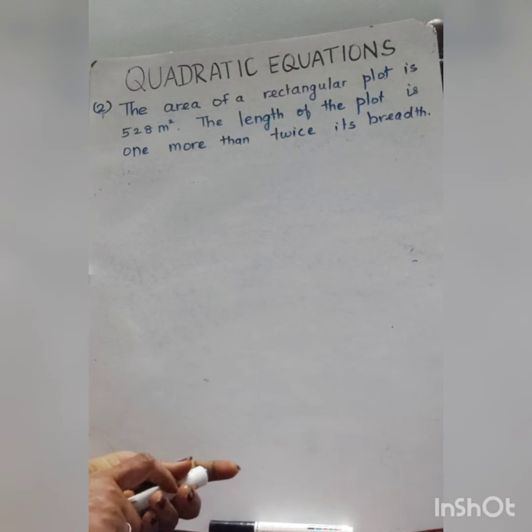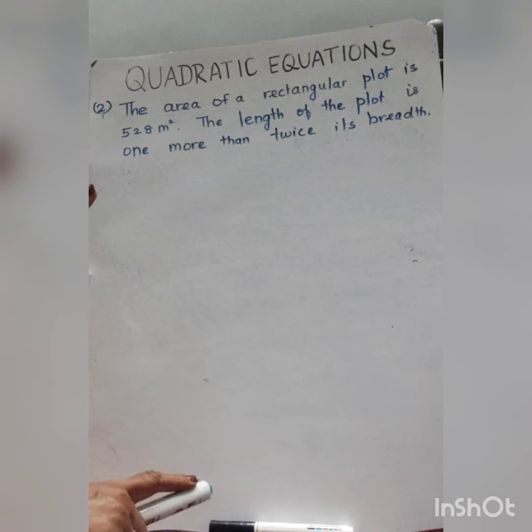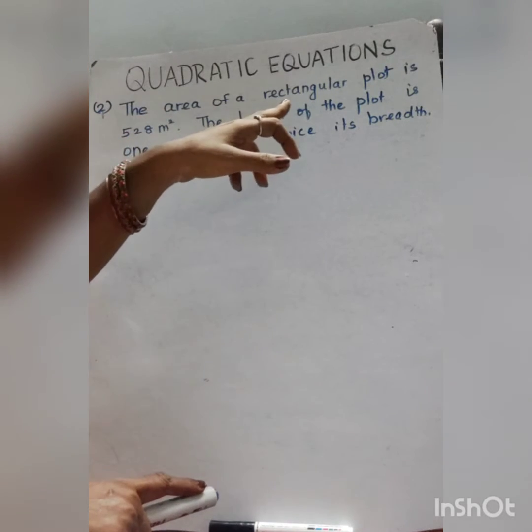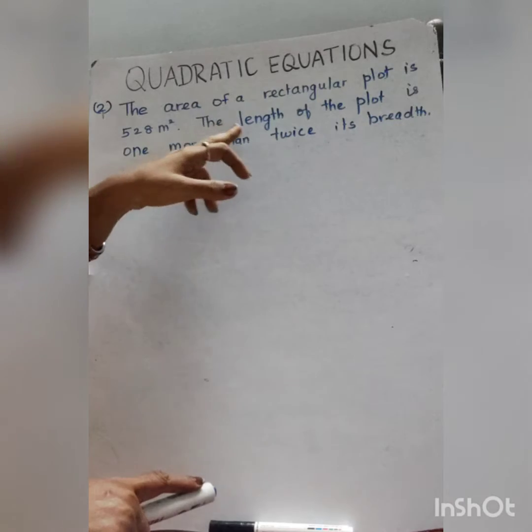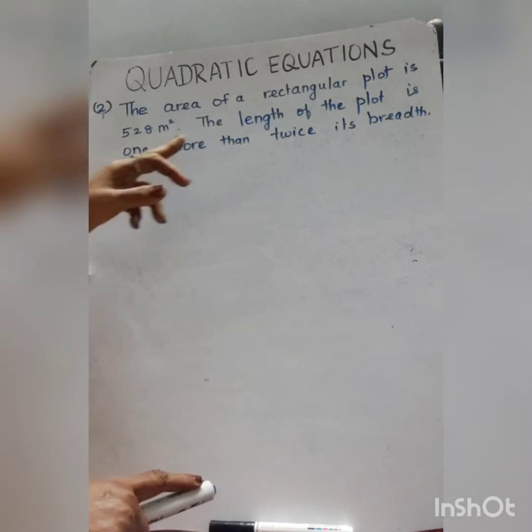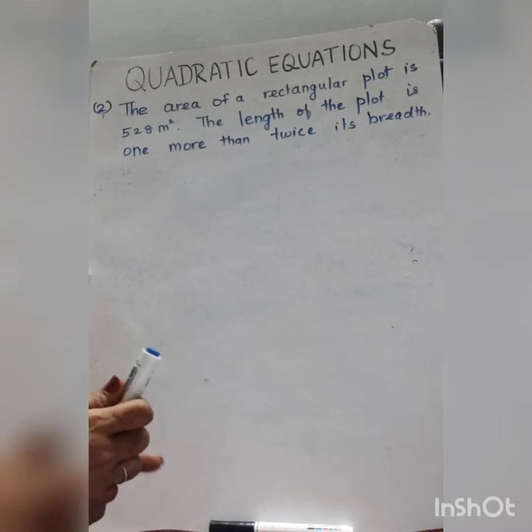Now this is second problem. Now we are going to represent the given problem situation in the form of quadratic equation. The area of a rectangular plot is 528 meters square. The length of the plot is 1 more than twice its breadth.